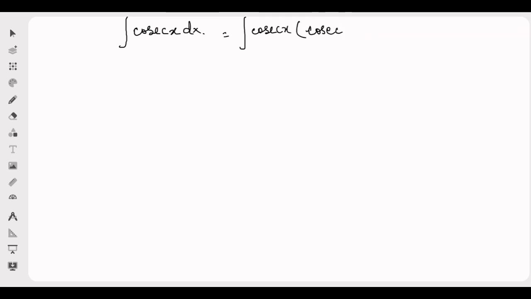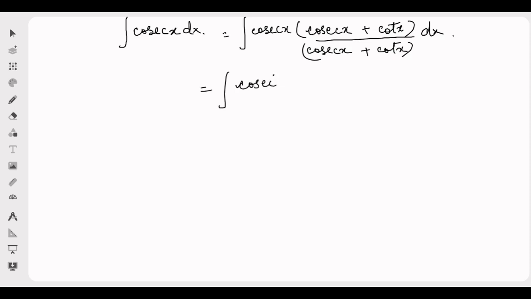You multiply and divide the numerator and denominator by cosec x plus cot x. Let us expand this expression, so that will be (cosec square x plus cosec x cot x) divided by (cosec x plus cot x) dx.